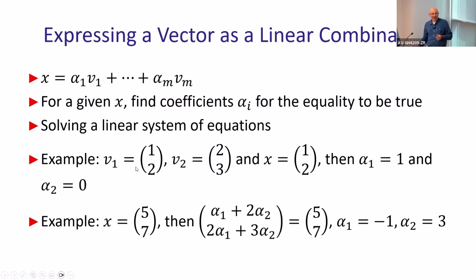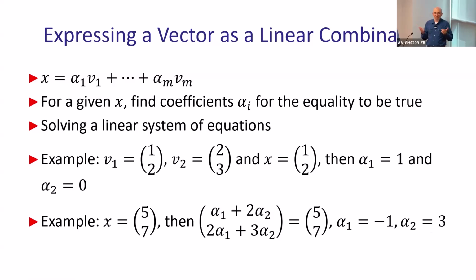Is it clear where this is coming from? This is just the first vector, which is 1 times alpha 1 plus 2 times alpha 2, and the bottom part is 2 times alpha 1 plus 3 times alpha 2. Okay, and this equals that vector. You solve that system of equations, which is the first equation and the second equation, and then you get these two coefficients.